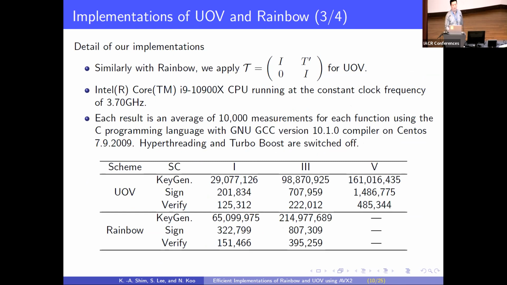Similar to Rainbow, we apply T in this form for UOV, not a general affine map. Each result in this table is an average of 10,000 measurements for each function under this implementation environment.